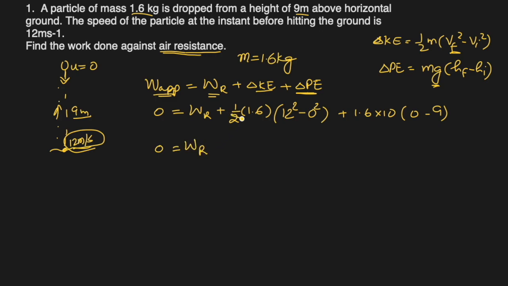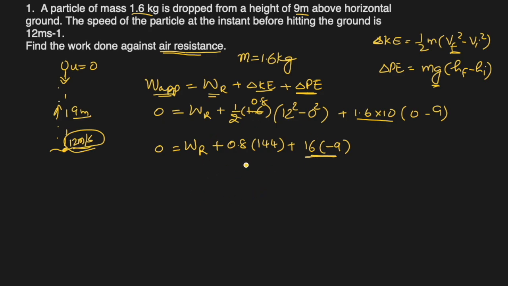So what will that be now? Resistive force. This can cancel. 0.8 times 144. Here it will be 16 times minus 9, and now you can see that it came out to be negative, the change in potential energy. So actually when it goes to the left side here, it becomes positive and becomes a part of the work done by the applied force. So we did not change our energy equation, but indirectly it gave us what we wanted.